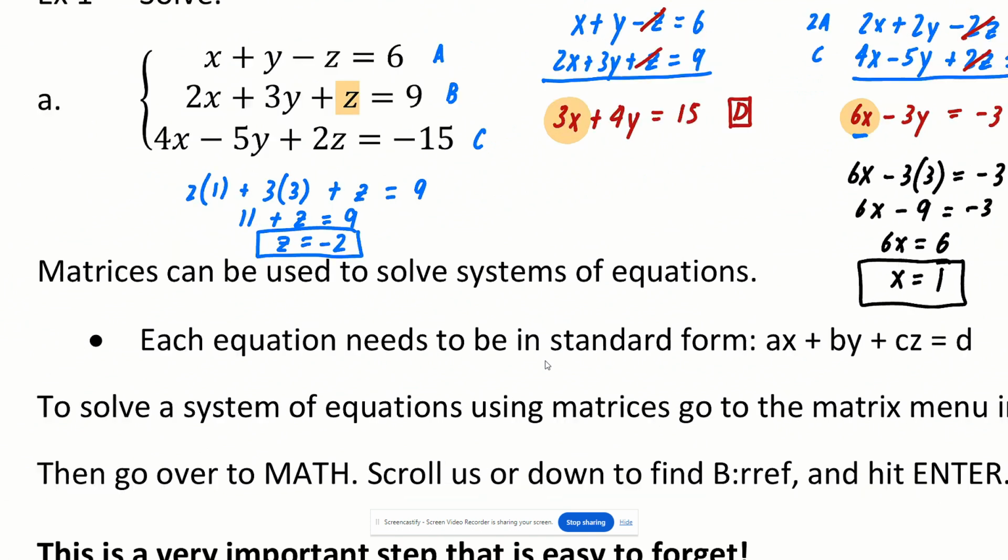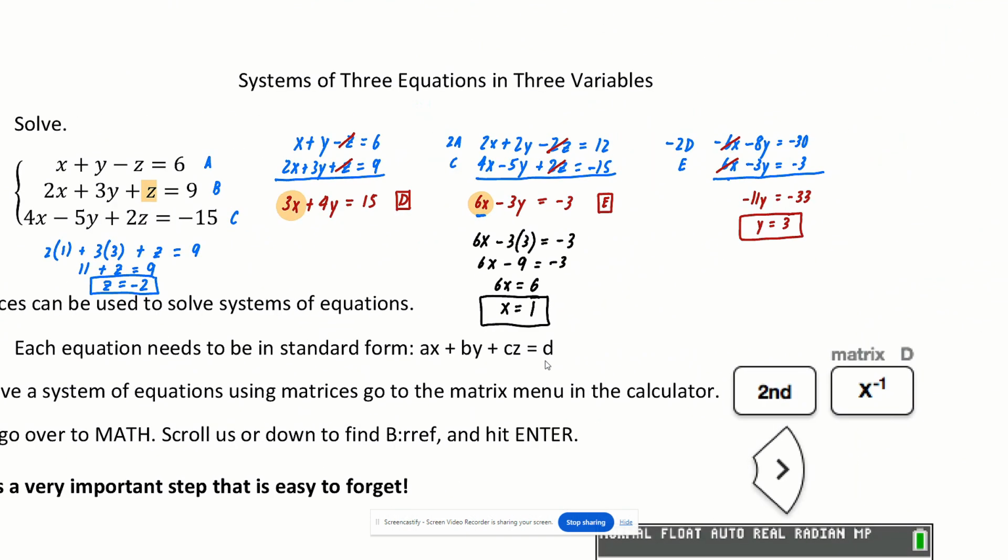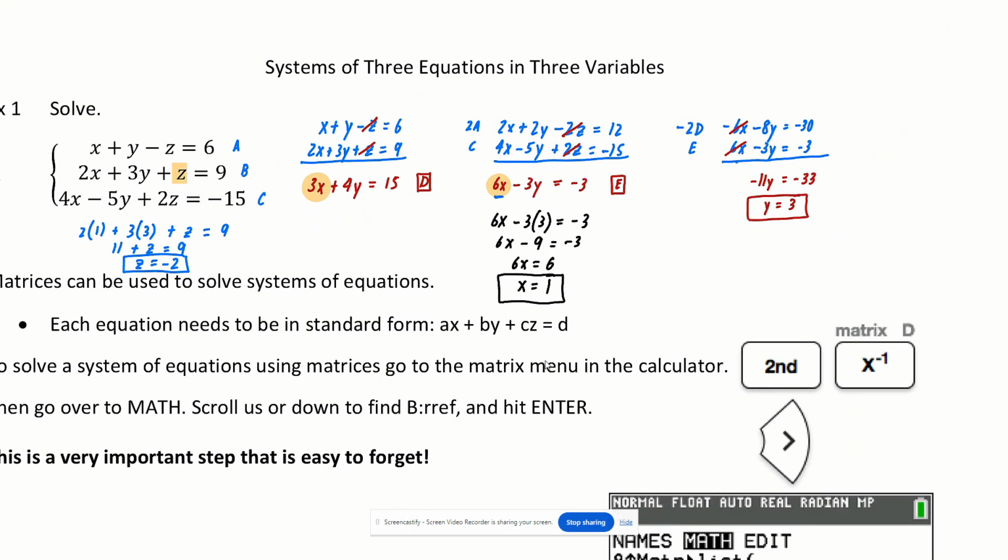So my z value is negative 2. So crazy, but listen, the solution to this system of equations is 1, that was x, 3, that was the y value, negative 2, that was the z value.